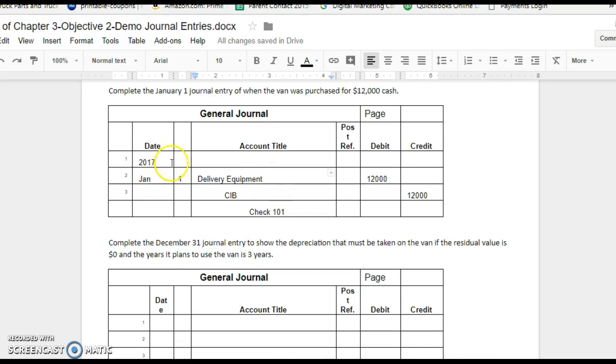So now we can't show that the delivery equipment is worth $12,000. We have to depreciate it to show that every year it's worth less, but we don't want to touch the delivery equipment account. So we're going to use what's called a contra asset account, which is your accumulated depreciation account. And we're going to depreciate that 1 year that has actually been used up.